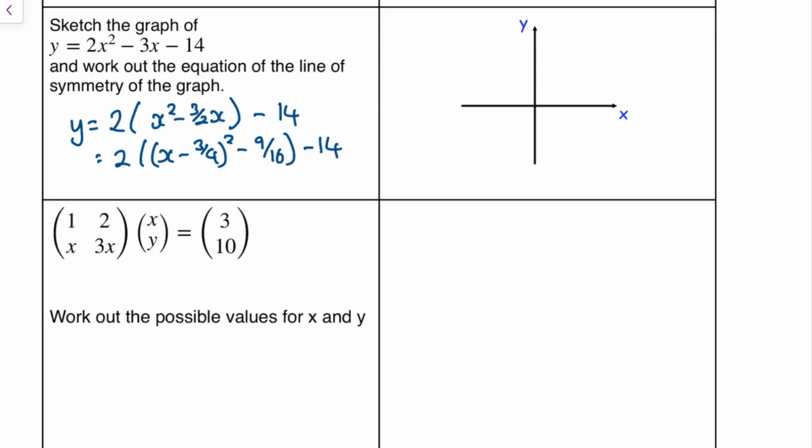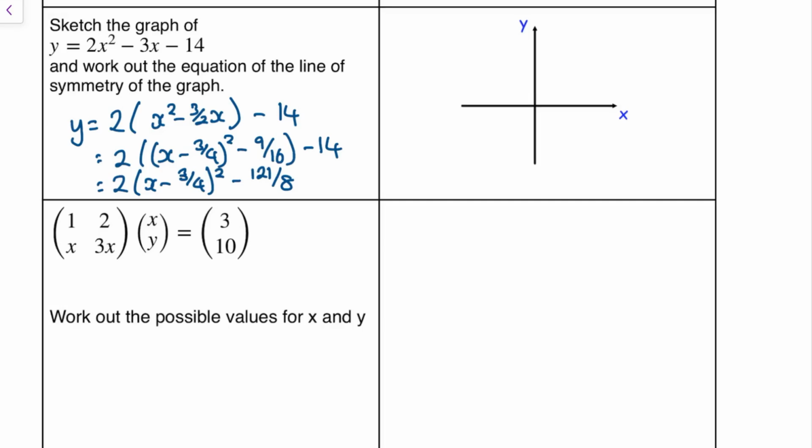It's a little bit messy, isn't it? Which is going to give me 2(x minus 3 over 4) all squared, minus 9 over 16 times 2, which is minus 9 over 8, minus 14, which is going to give me minus 121 over 8.